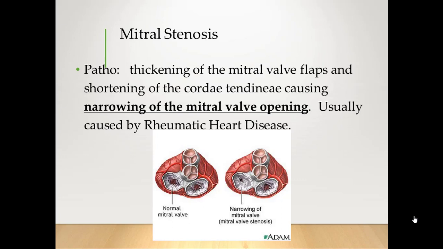Like maybe they had it when they were a child and now they're having some of the symptoms as an adult. The biggest issue with mitral stenosis is that instead of having a larger opening for that blood to flow through, it's got a smaller opening, so the blood flow is a lot slower.